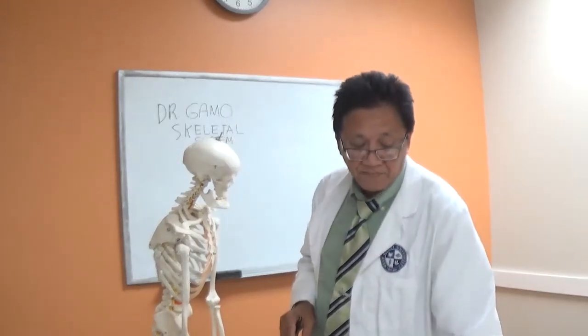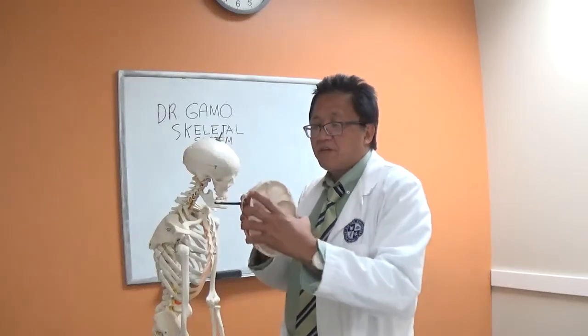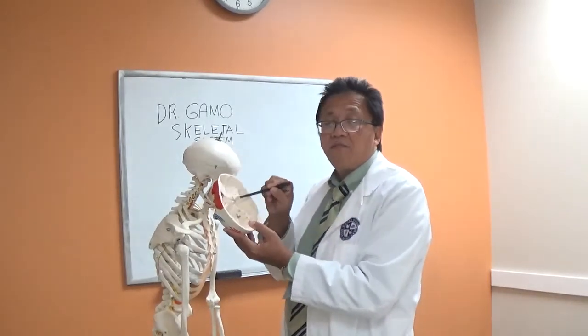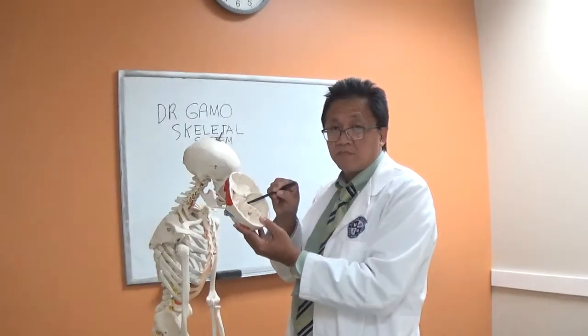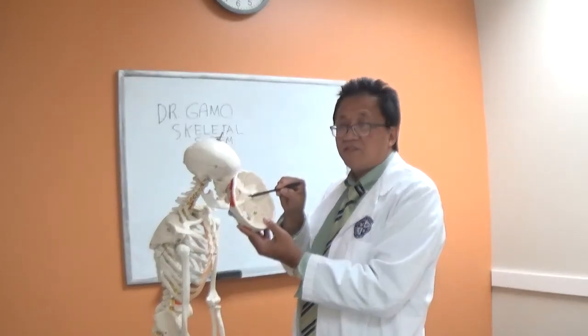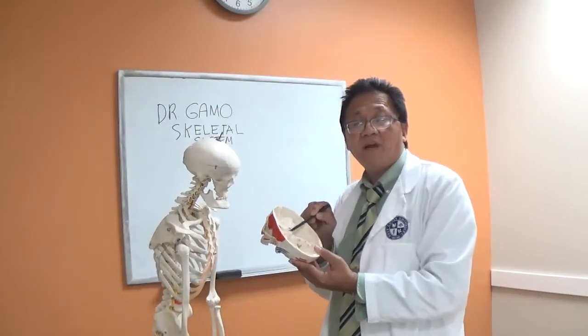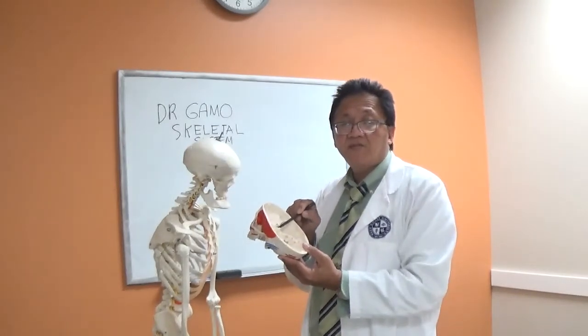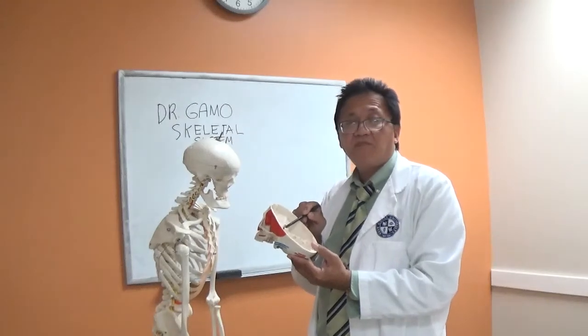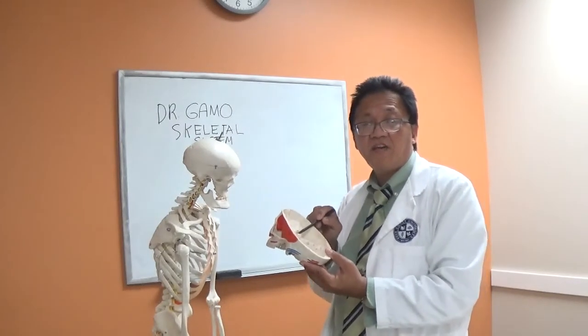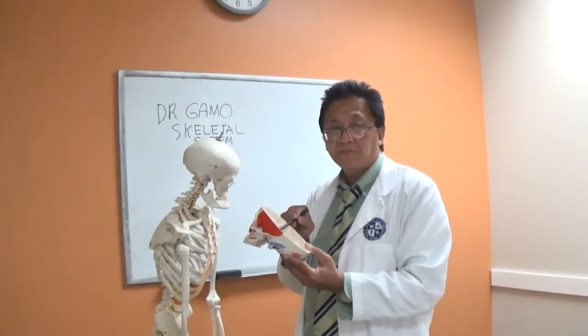If you open up the skull, you see a bone that resembles the wing of a bat. It's called the sphenoid bone. This sphenoid bone contains the sella turcica, which is important because it is where you have the pituitary gland. The sella turcica contains the hypophyseal fossa. Hypophysis is another name for the pituitary gland.